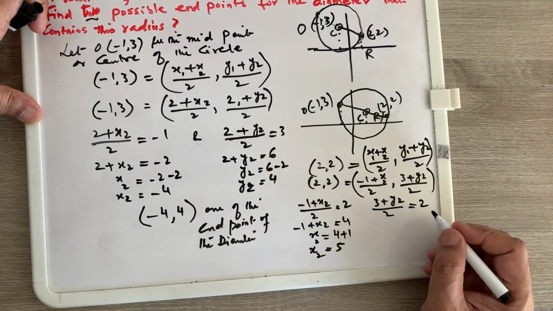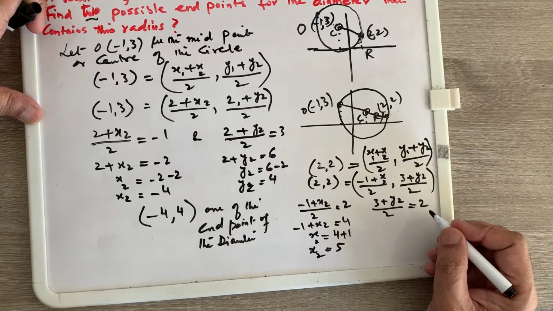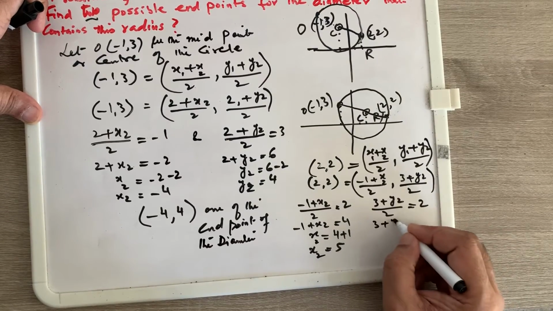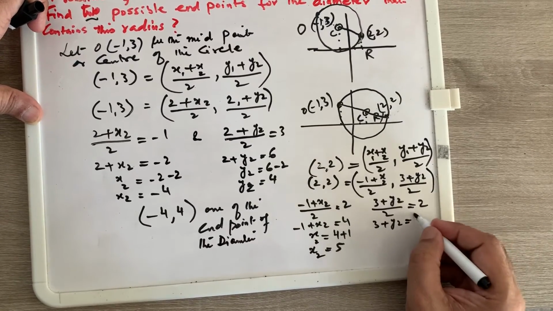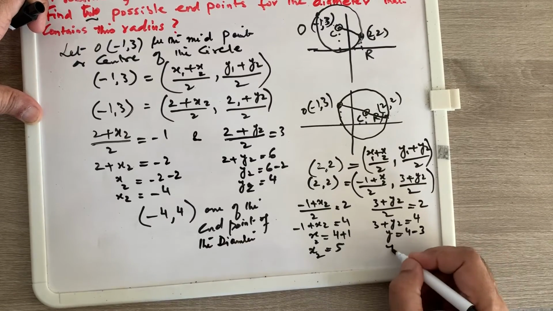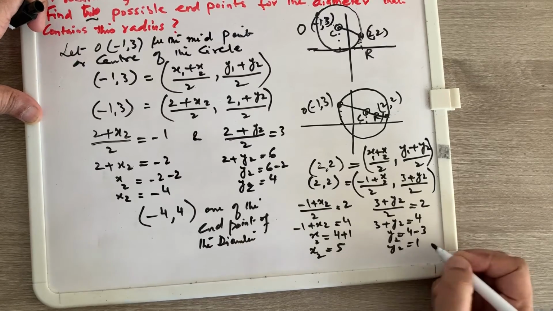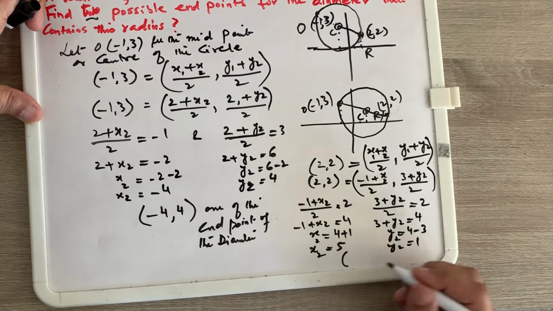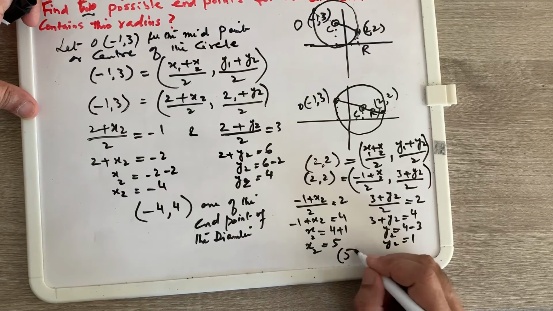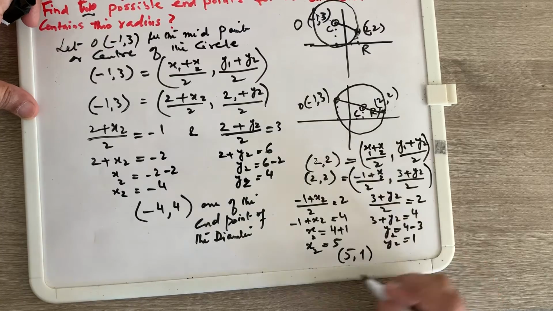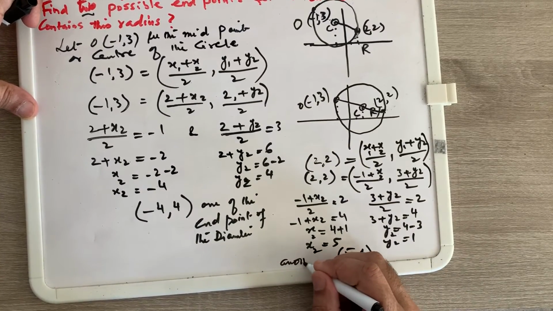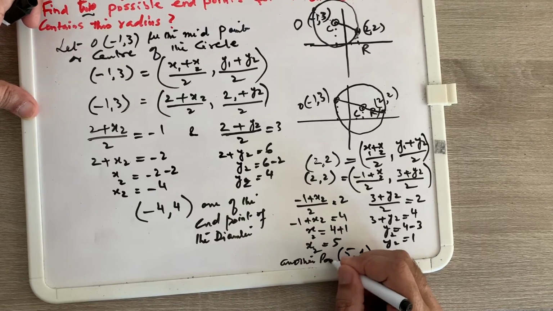So I have x2 as 5, and then I will be doing my y: 3 plus y2 is equal to 2 times 2, which is 4, and y2 is equal to 4 minus 3, so y2 is equal to 1. So I have another point of the diameter, which is 5 and 1. So 5 and 1, this is the other point, another point on the diameter, right?